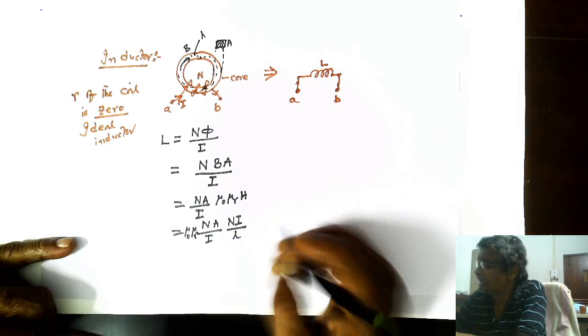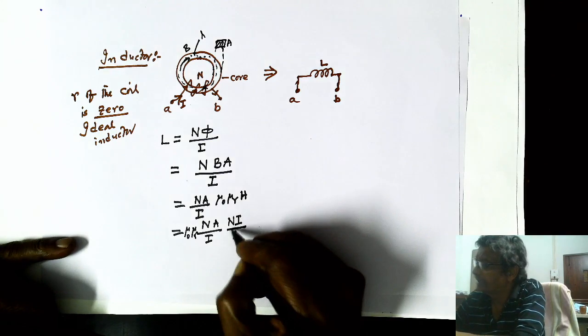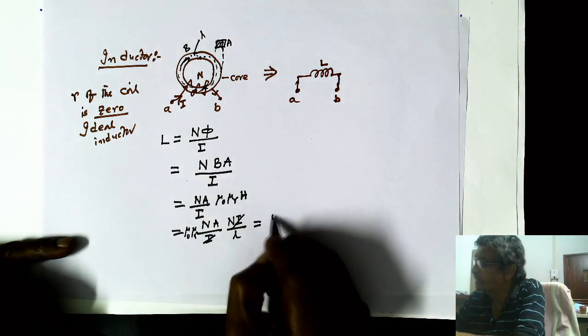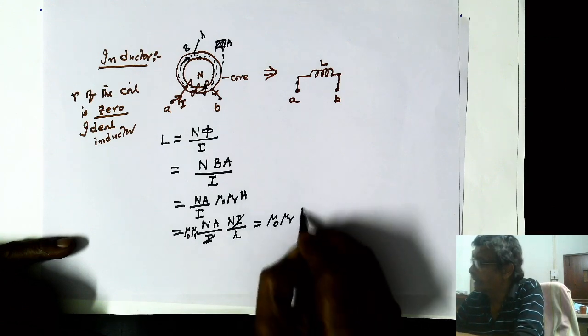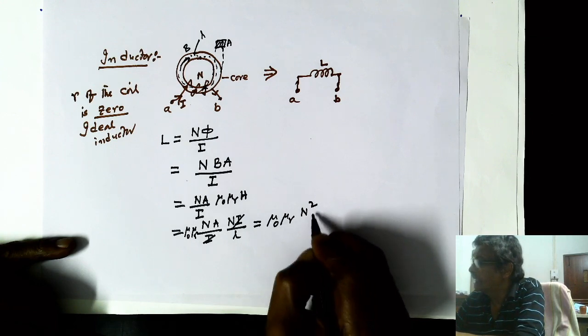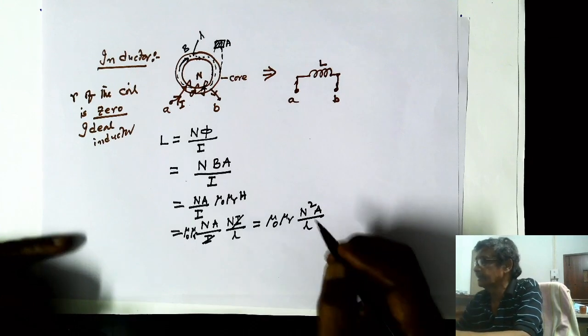I am not writing all the variable names, but you know this. So this I then goes, and your inductance value will be mu 0 mu r N square A by L. Hopefully it is correct, is it not?